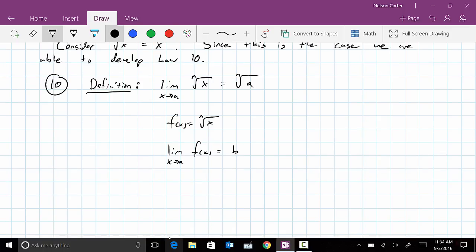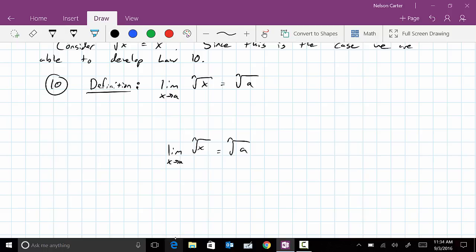So since that's the case, essentially what we're doing is we're replacing this with the nth root of x, and then this becomes the nth root of a. And so remember that we know that the limit as x approaches a of just x would be a, and so that sort of comes into play.